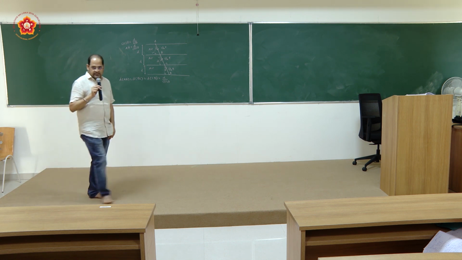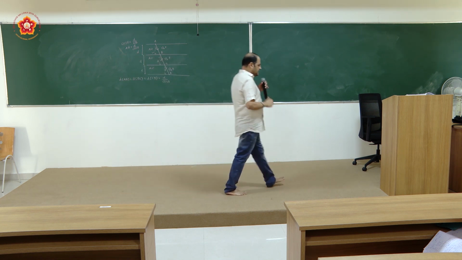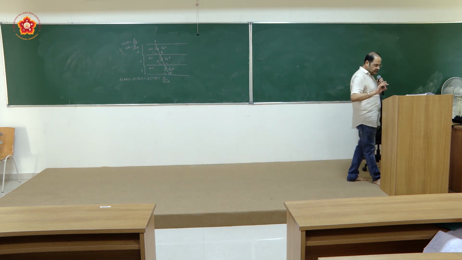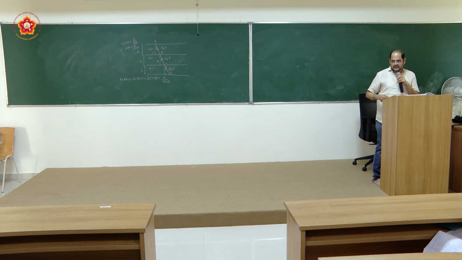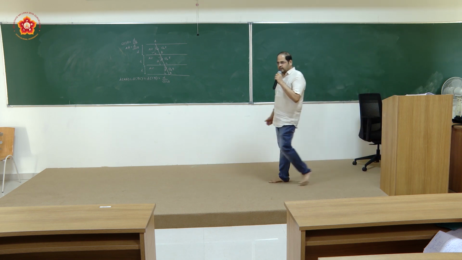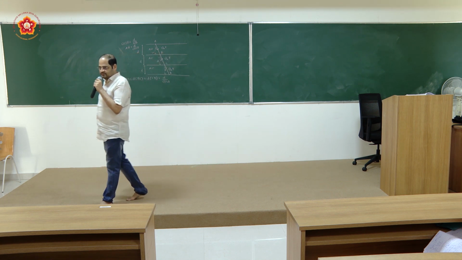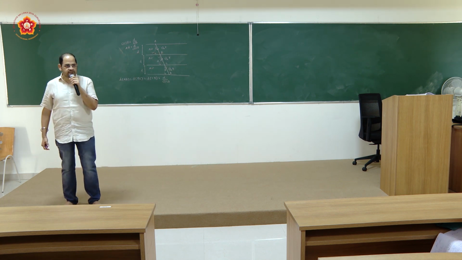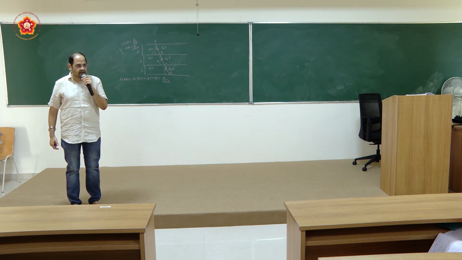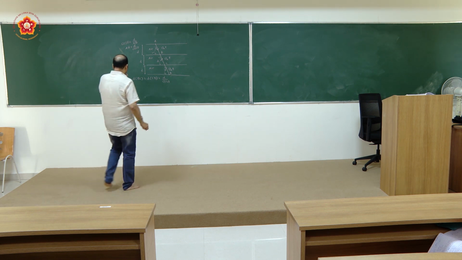Now I'll make some changes here, and that is the reason I am changing the color of my chalk so that you can understand it clearly. Now what I do, I replace the middle layer of air by the glass. Are you understanding what I'm saying?